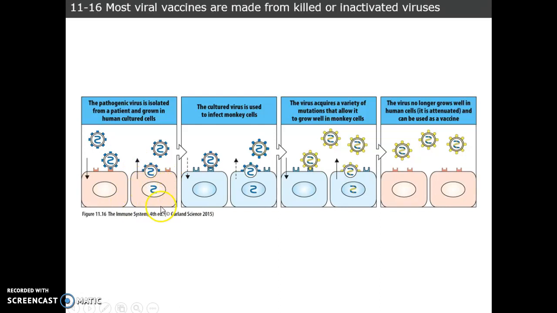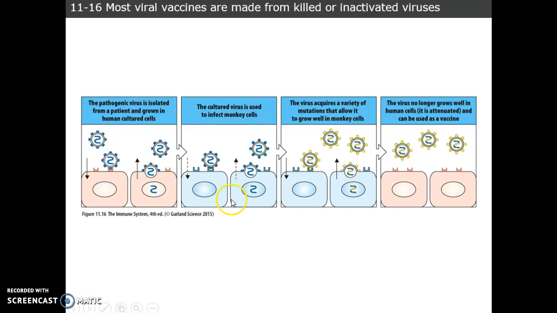All right, and those mutations generally are not more pathogenic as what you might see in movies, but rather make it less pathogenic. Another way of decreasing the virulence of a virus here is, after it's cultured in human cells, to then culture it in a different type of cell.